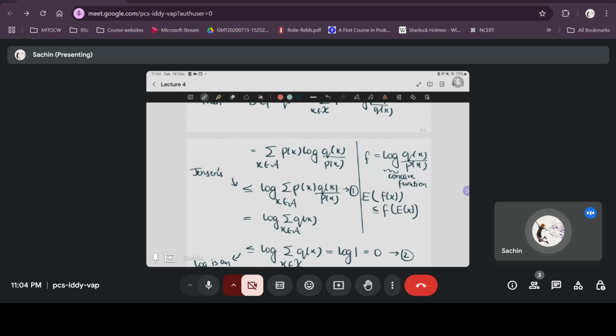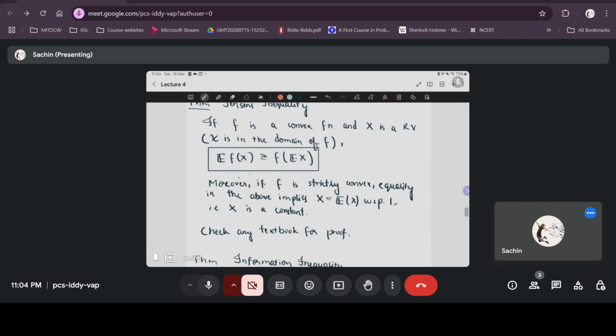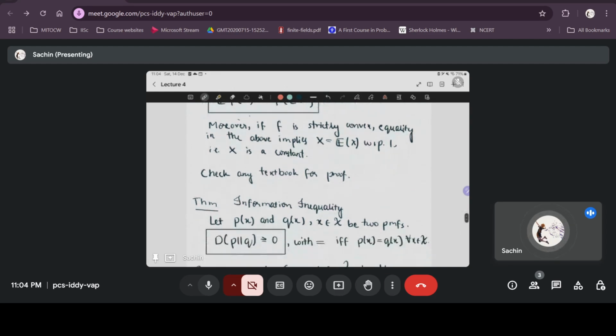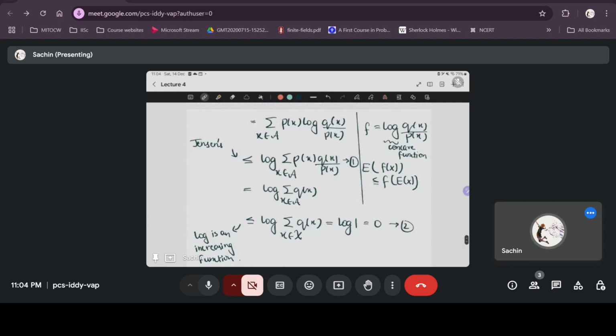Log is a strictly convex function, then X must be equal to the expected value of X. That is, X is a constant. So Jensen's inequality attains equality only if X is a constant.